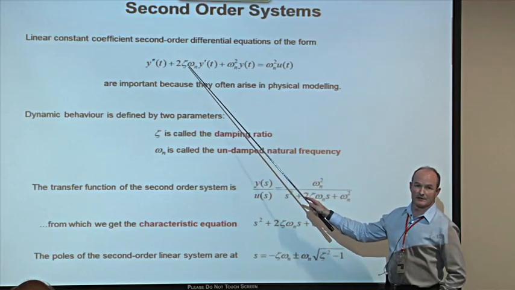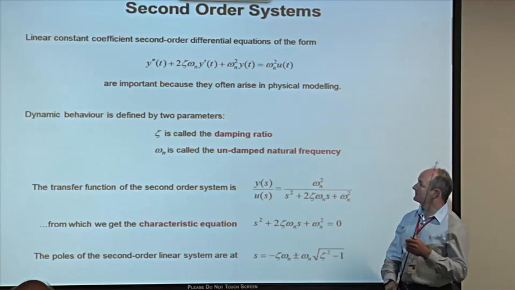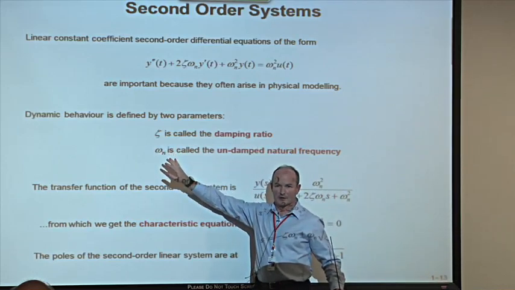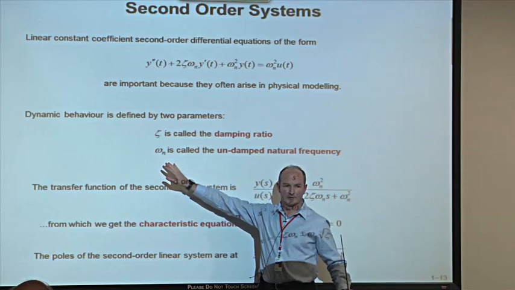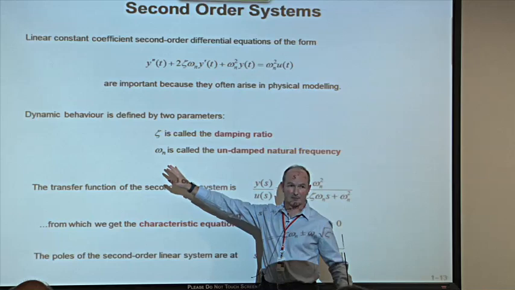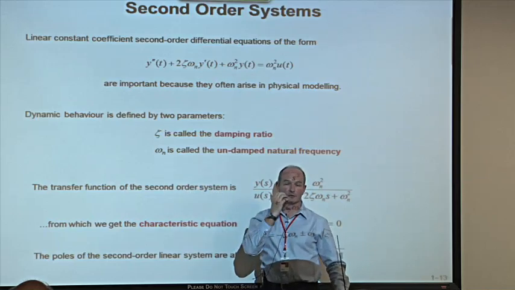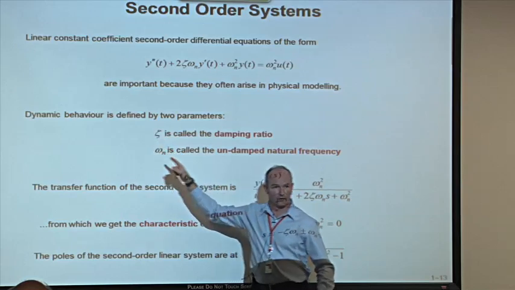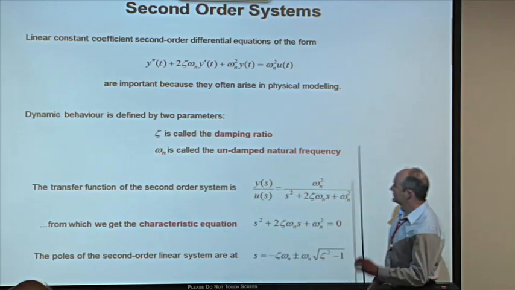So these two parameters, zeta and omega n, have names. Zeta is known as the damping ratio, and omega n is known as the undamped natural frequency. Undamped is very important because there is also a damped natural frequency which has a completely different meaning. You'll see in a second. So we've got zeta damping ratio, omega n undamped natural frequency.